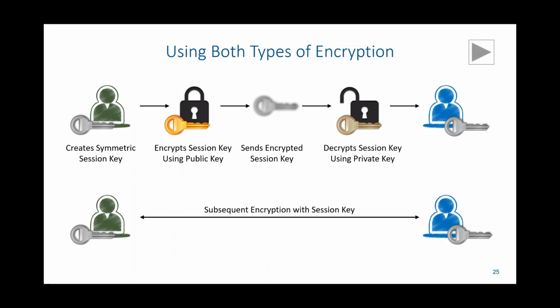Which is great because for any subsequent encryption, we will use this session key to send our messages back and forth. So we get the speed of symmetric encryption, but we hide it behind that of asymmetric encryption in order to take advantage of both and ensure that our encryption process is not captured and reversed.